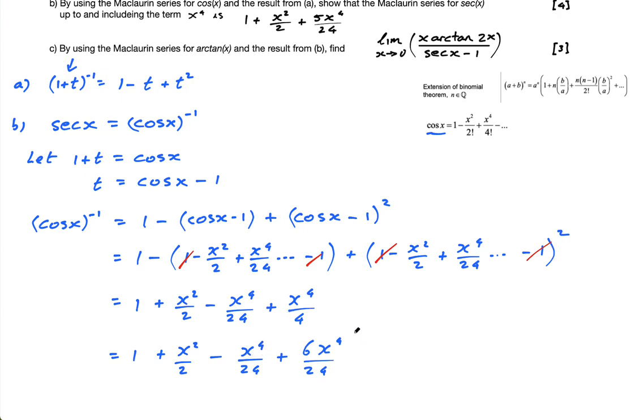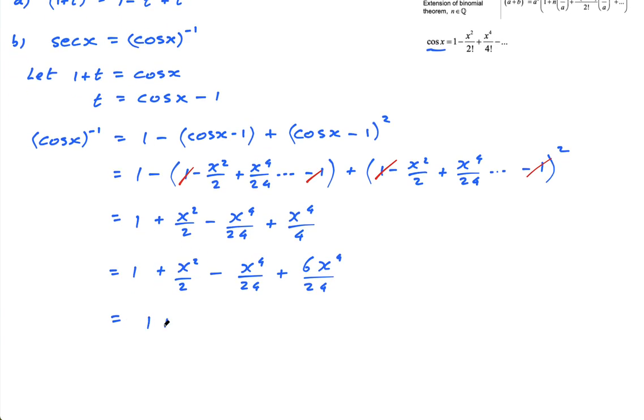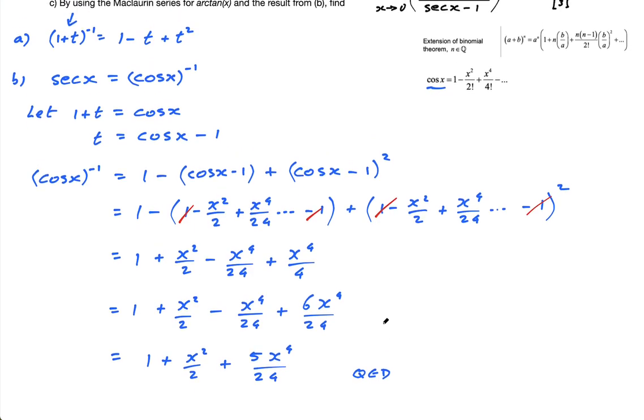So that gives me 1 plus x squared over 2 plus, minus 1 plus 6 is plus 5x to the 4 over 24. Nice. QED. I have shown what they asked me to show.